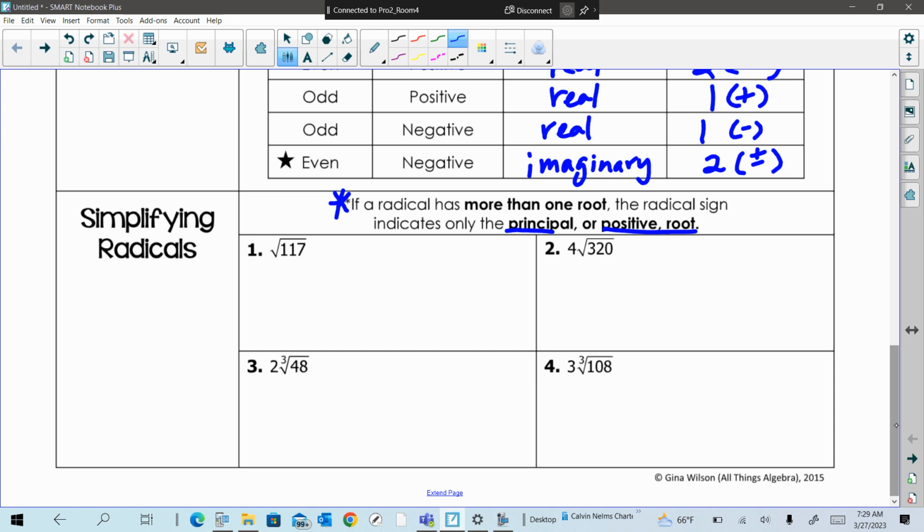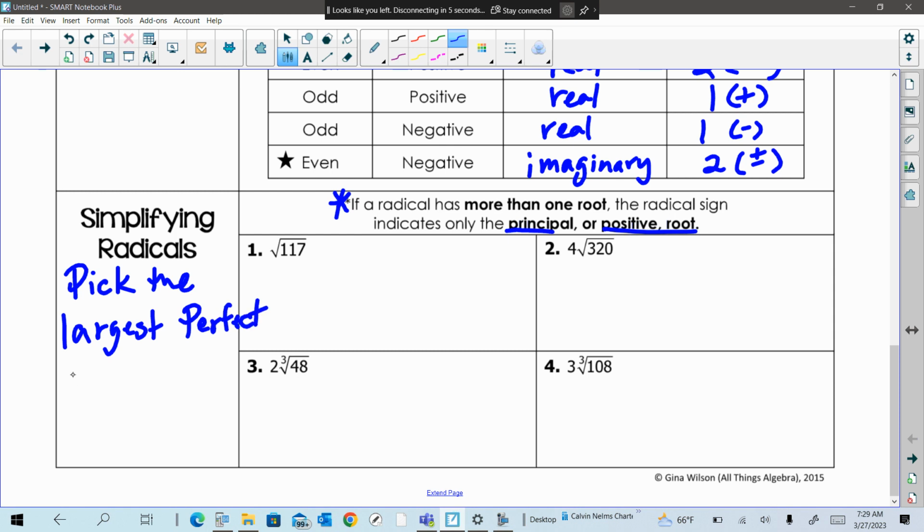So in order to simplify, you want to pick the largest perfect square or cube, dang it, sorry, as a factor.